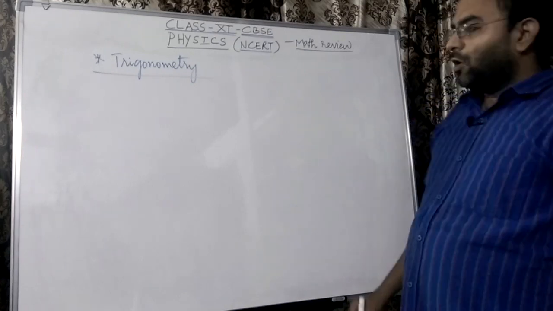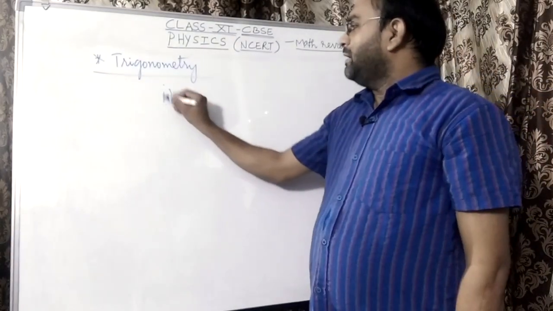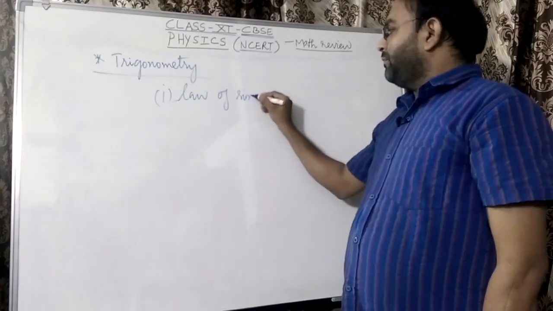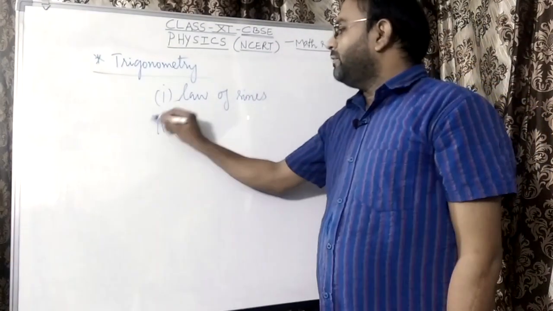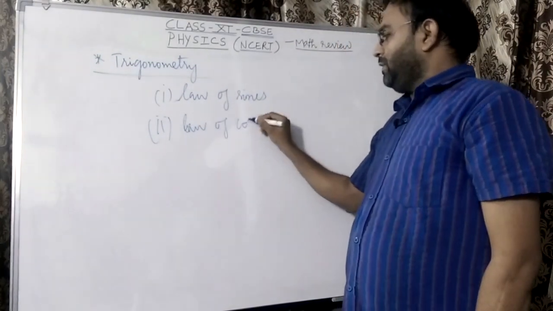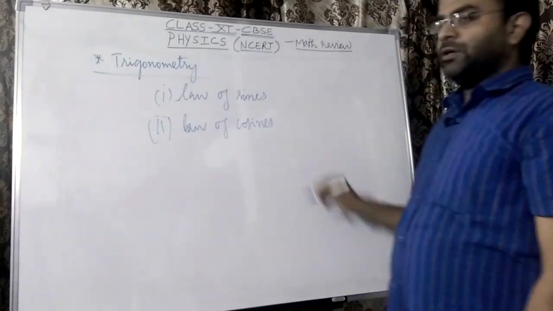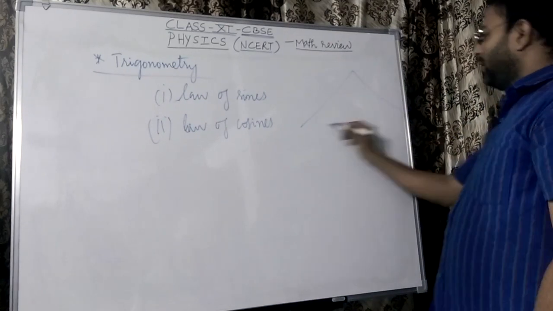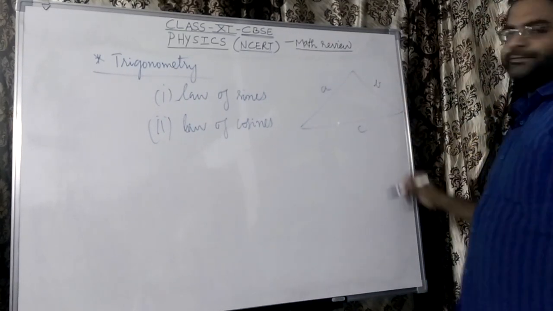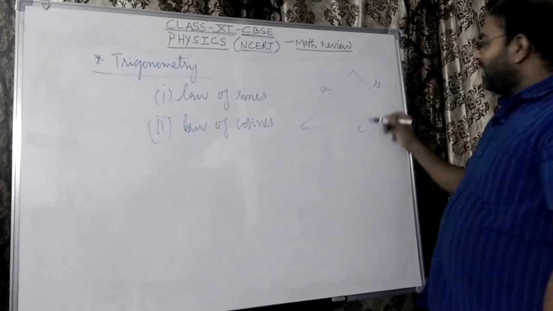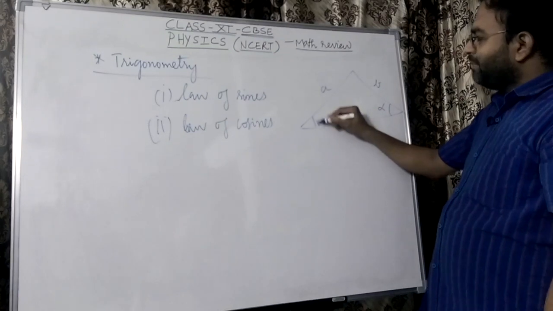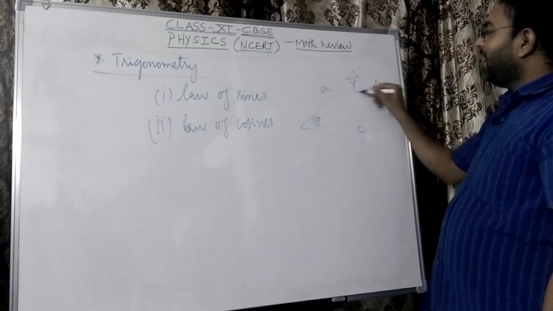Two other important laws in trigonometry are the law of sines and the law of cosines. So you have a triangle having sides A, B and C, and let the angles be defined as alpha, beta and gamma.